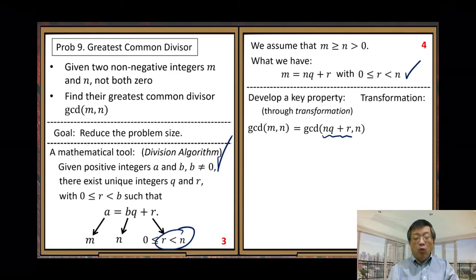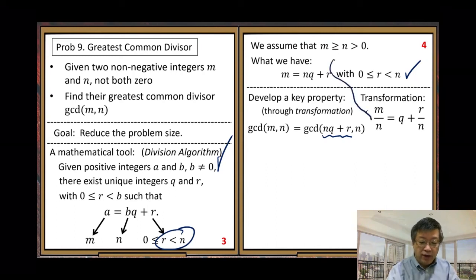Before we do the simplification, let us look at this transformation. When you look at m over n, that fraction, you can write it as the integer q plus another fraction, r over n. That's simple, right? From here, you can easily get this new formula.